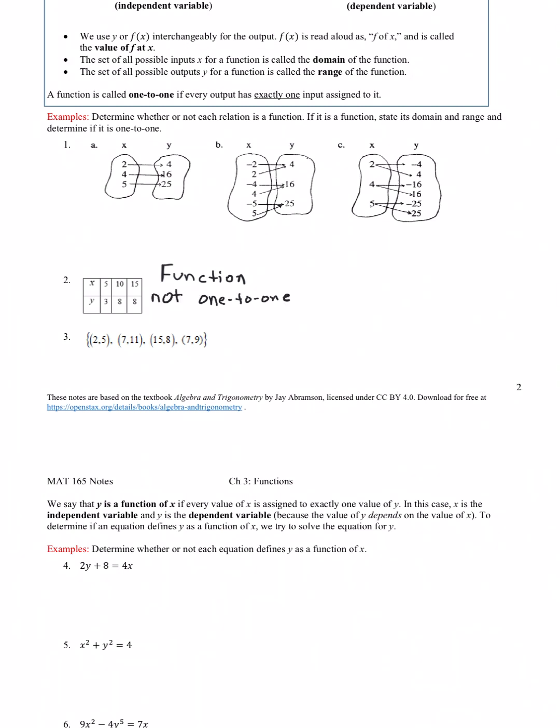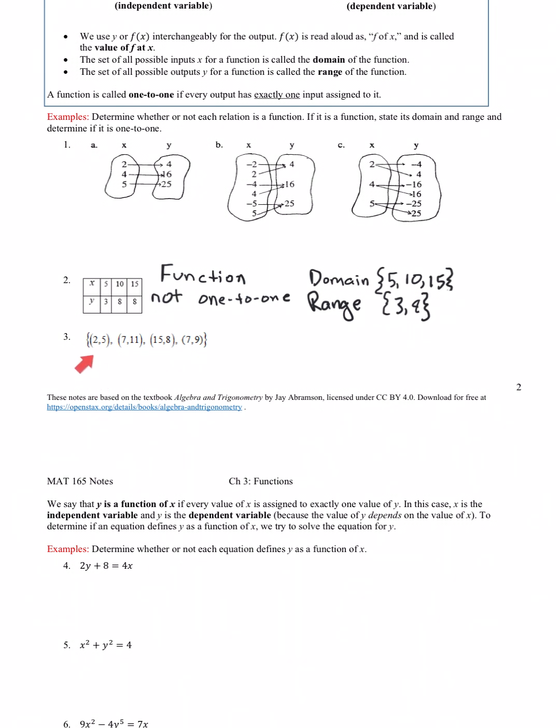The domain is all of the possible x values, which is 5, 10, and 15. And the range is going to be all of the y values. In this case, that's 3 and 8. I don't need to mention my 8 value twice. We can just mention it once, like so.